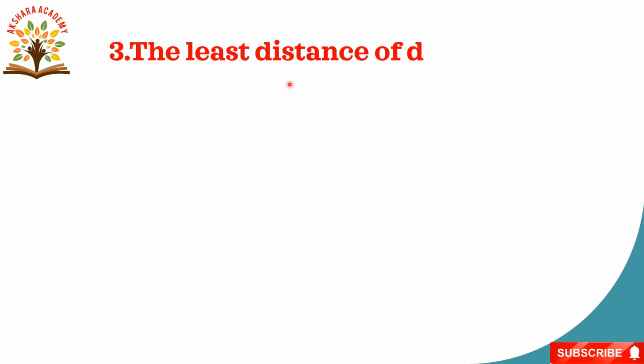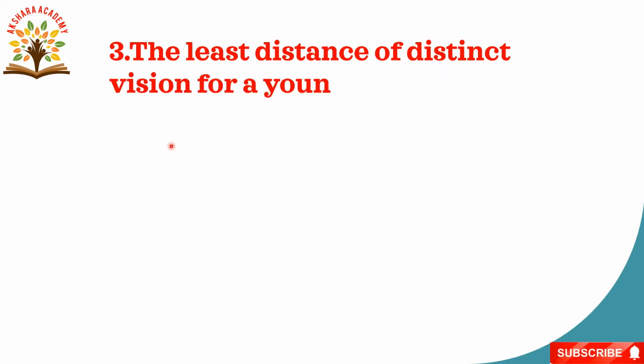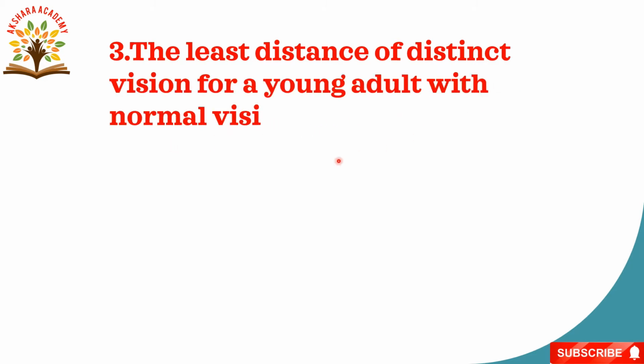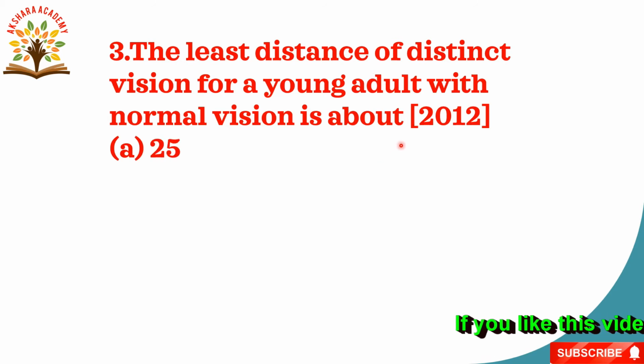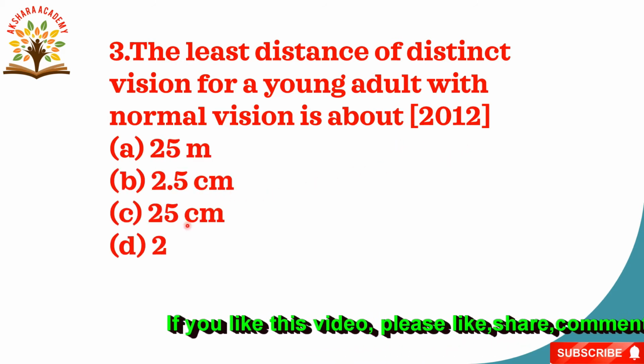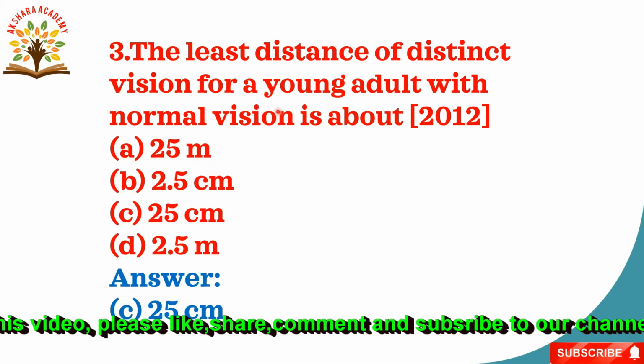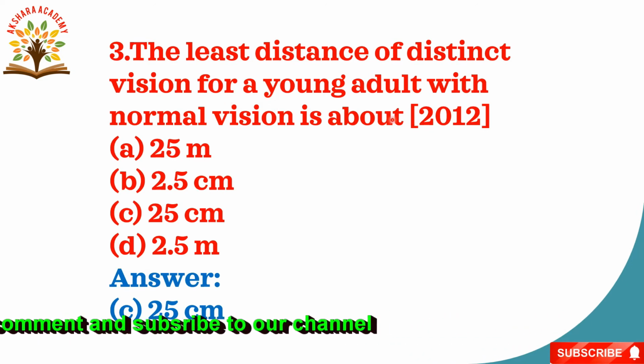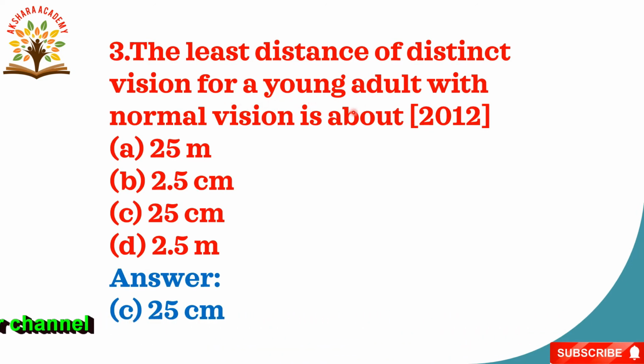The least distance of distinct vision for a young adult with normal vision is about: here they are asking what is the least distance of distinct vision for a young adult with normal vision.